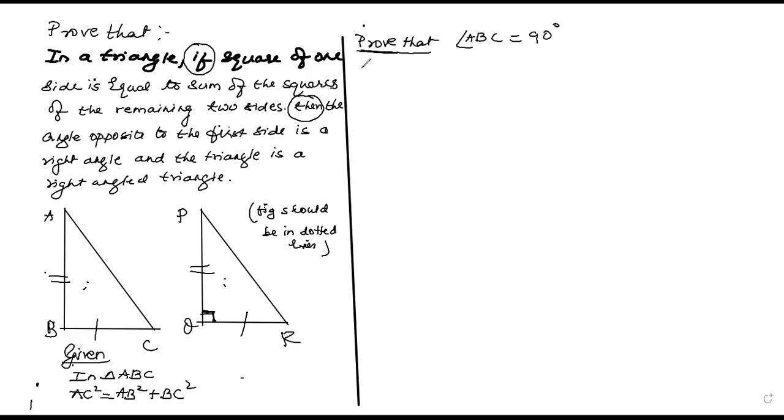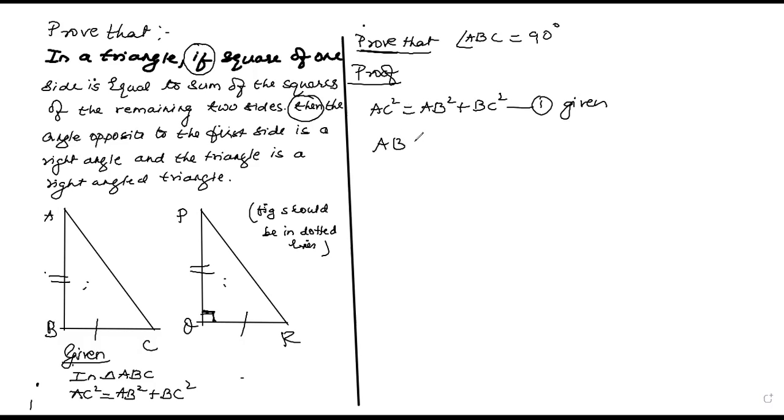So always, like I tell you children, your given information is a hint. What is given to you? Just have a look here. AC square equal AB square plus BC square is statement number 1, given. Am I right? But just have a look here. What did you construct, children?